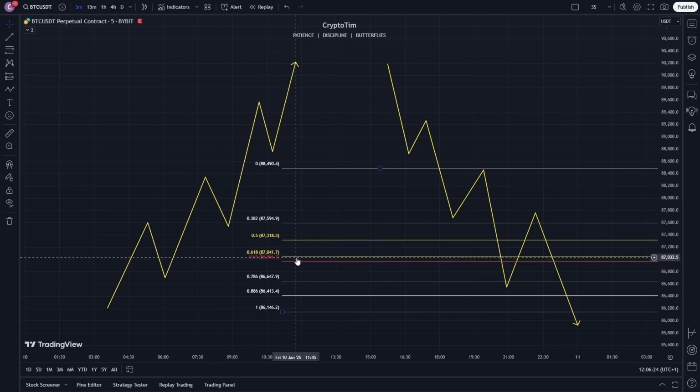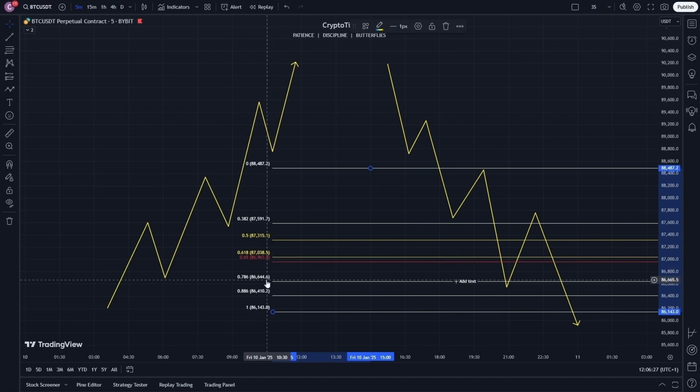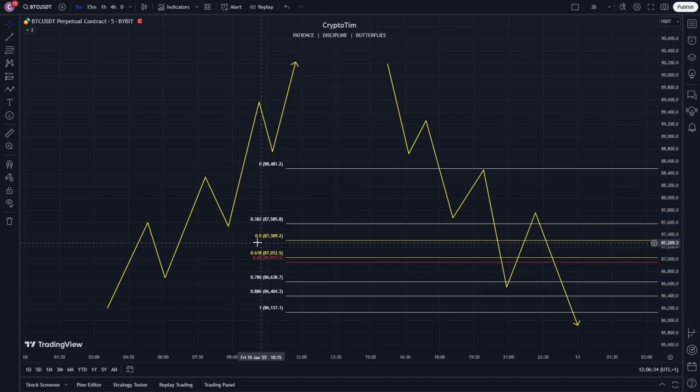Does it mean price will bounce or go mostly to the 618 level? No. What it means is that in this whole sequence, the 618 level should be the strongest zone of support. So if the 618 breaks, we are probably not going to look for some type of reversal, but we want to see a deeper correction.